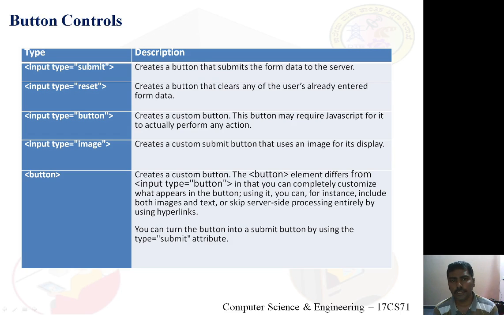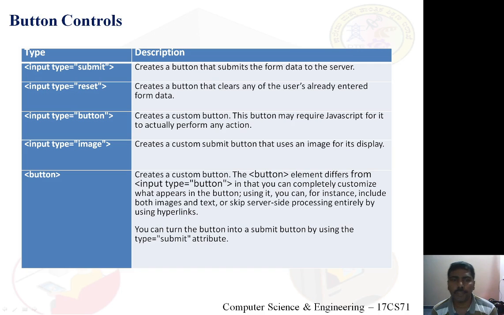After that, you need to click on the submit button. So what actually is submit, and how does it differ from other buttons? Submit creates a button that submits the form data to the server. On clicking the submit button, your form data will be sent to the server for processing.